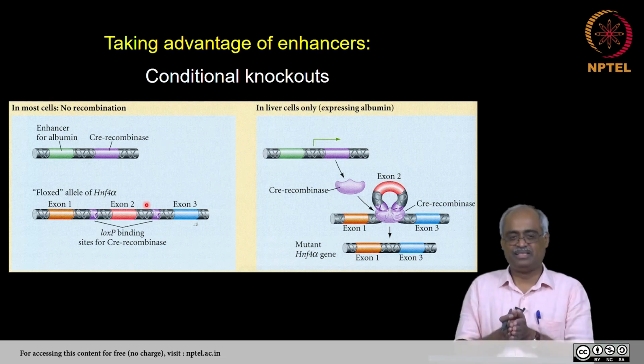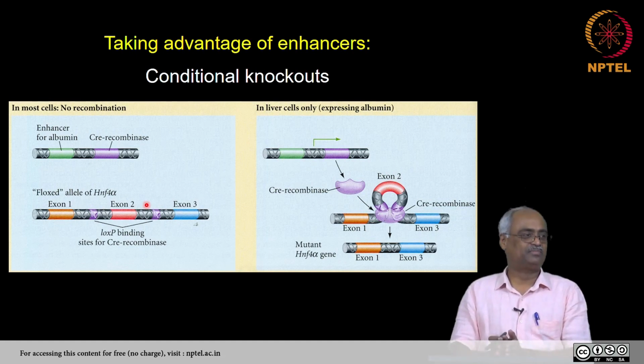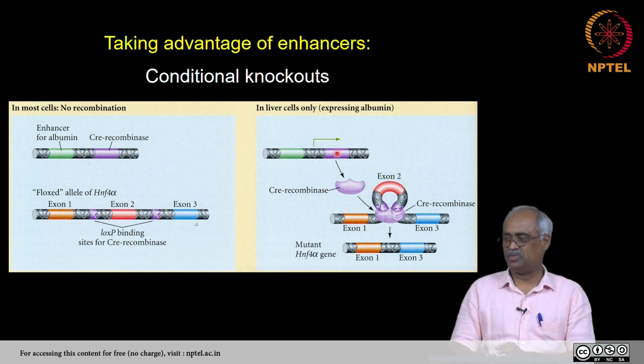But if you cross these two mice and generate a double mutant, a mouse that carries both of them, in its liver you will have both the functional elements brought together. You will have Cre recombinase produced because the albumin enhancer makes it express in the liver, nowhere else. And you need to remember, this is germline floxing.